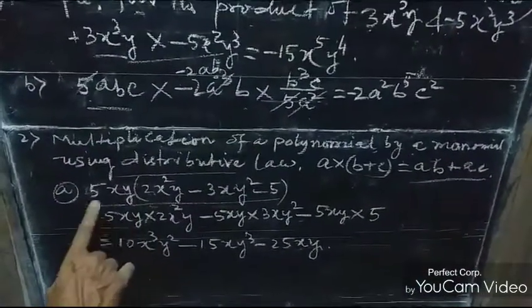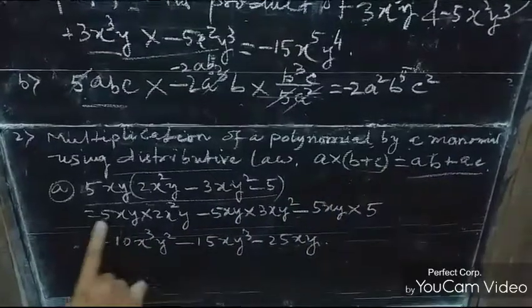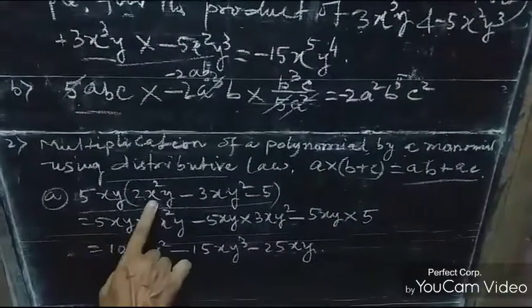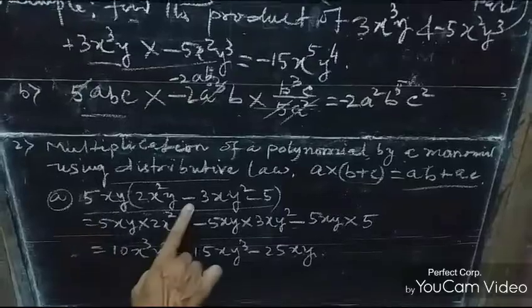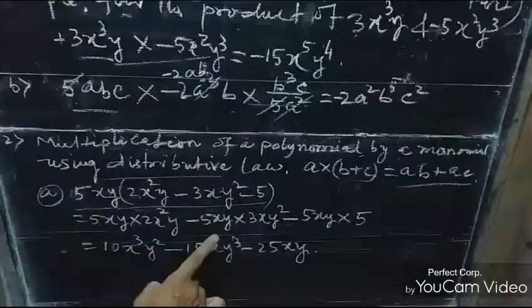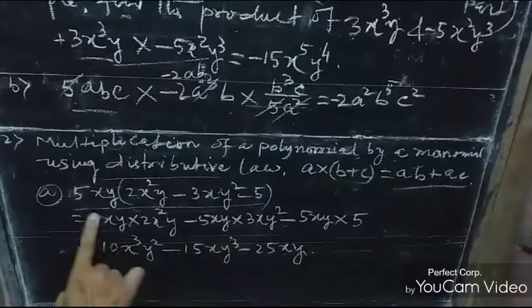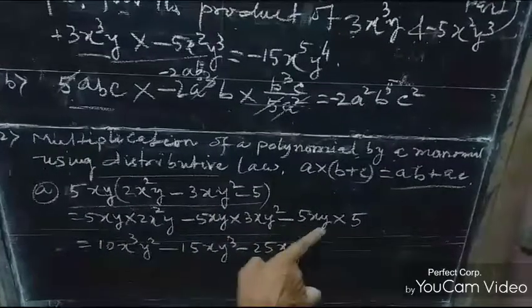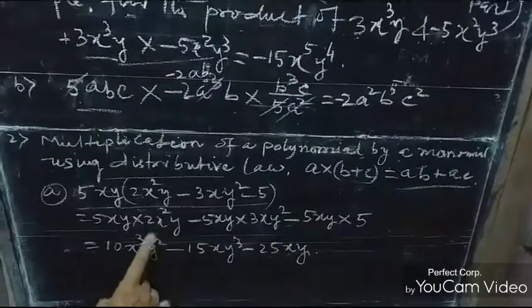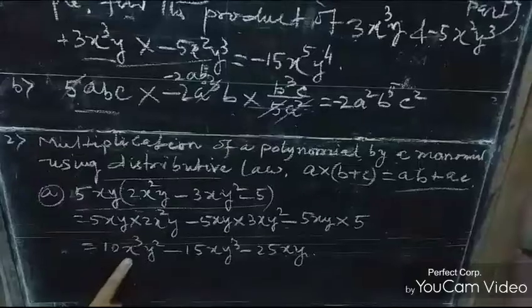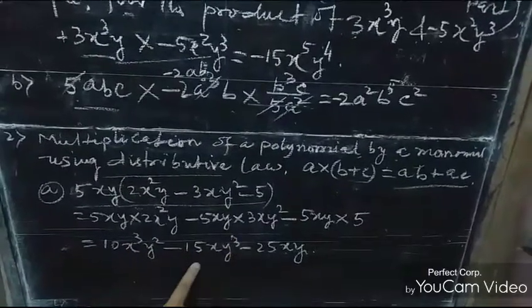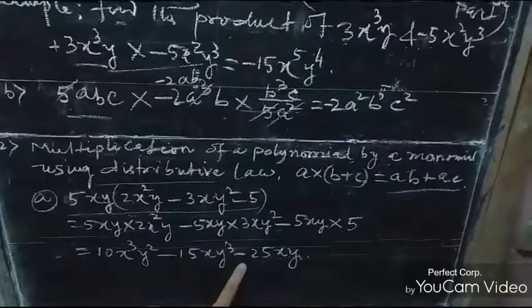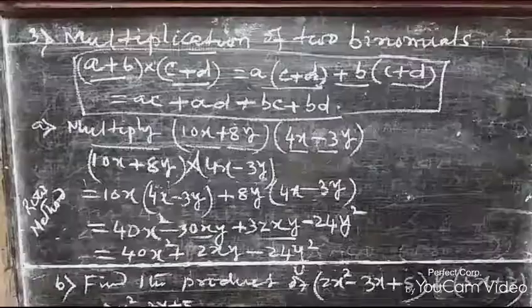So this is 5xy into 2x square y, minus 5xy into 3x y square, minus 5xy into 5. So it is 10x cube y square minus 15x y cube minus 25x.